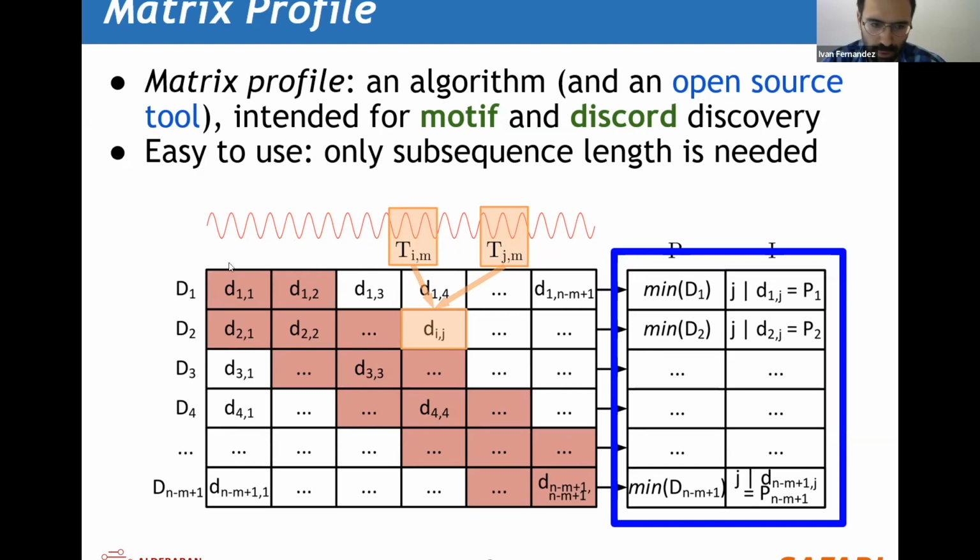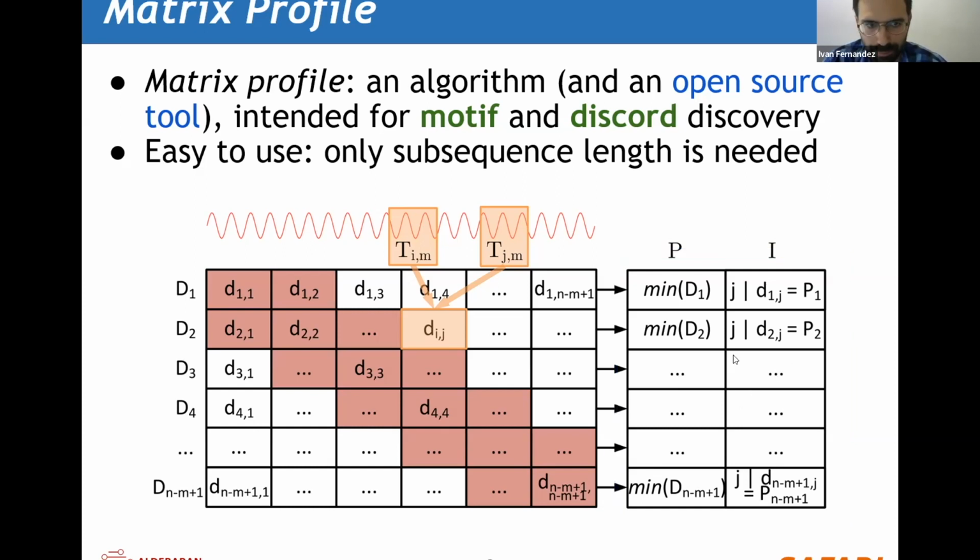This means that for every subsequence that we have in the time series, we store the minimum distance with respect to the other subsequences of the time series, or in other words, what is the closest neighbor to this given subsequence. In the index vector, what we store is the position of this neighbor with respect to the time series. If you want to know more details about the algorithm, please take a look at the paper.